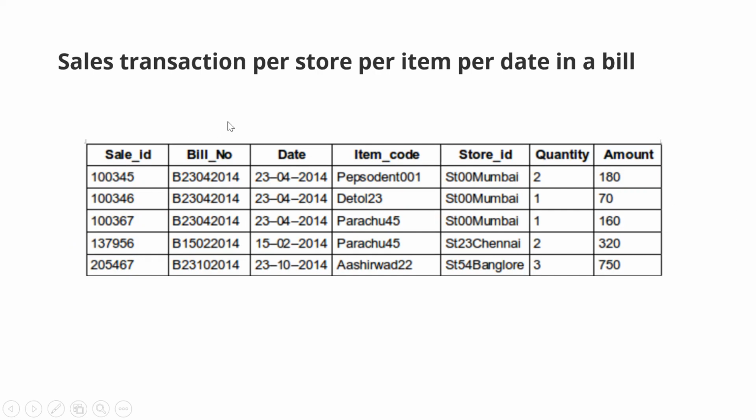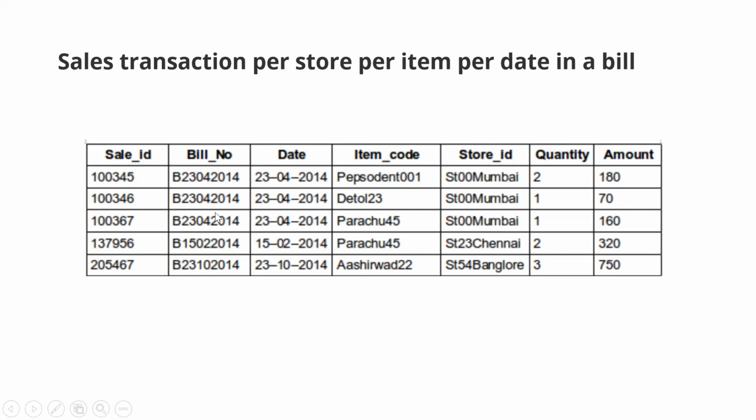Over here you can see it's a billing table. We have sale ID, bill number, date, item code, store ID, quantity, and amount. Those last two columns are generally facts, and the other things are foreign keys.